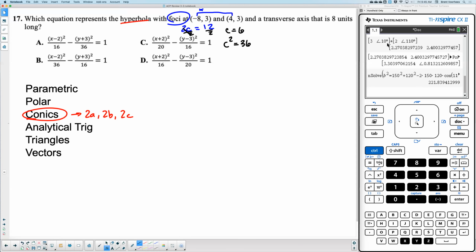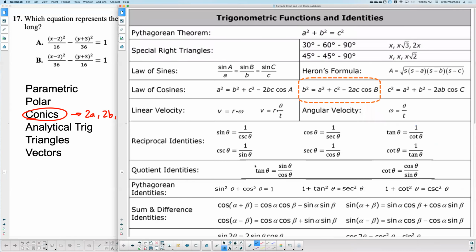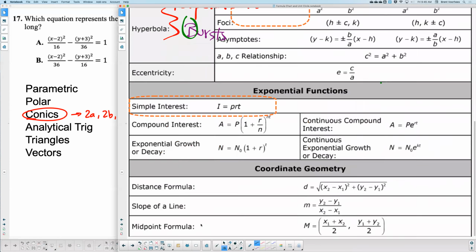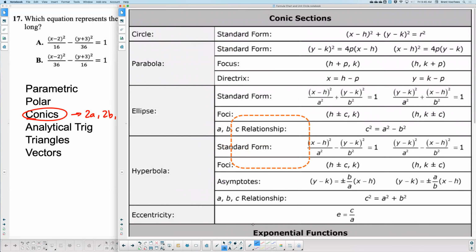Now, go to the formula chart with me, please. And on conic sections, what shape is this? Whoops. Clear that off. We are looking at hyperbola. Now, we'll be able to figure out which equations used in a second, but I just want to start with the obvious. Look at both formulas that you have for hyperbola.